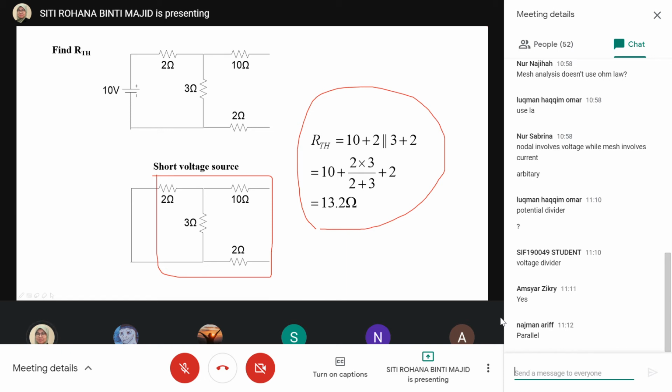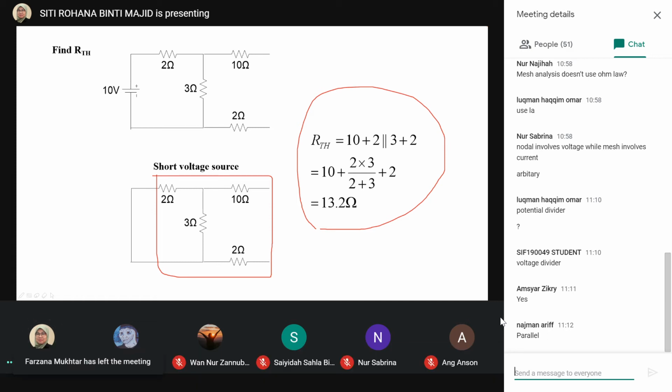Anyone? How can we determine which part of the resistors is in series?